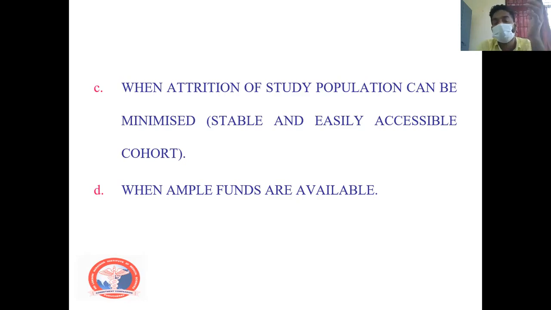If you are not able to control this attrition problem, there will be a big issue when you are submitting your result. So you should be able to assure that you can minimize the attrition issues, and while planning or analyzing, you should have a proper protocol to deal with these attrition issues.